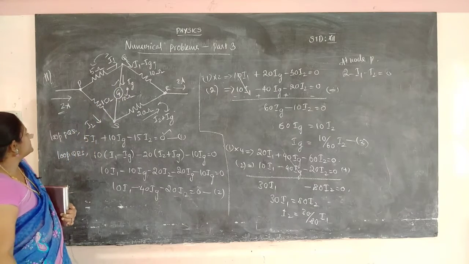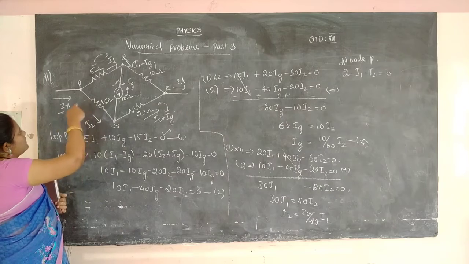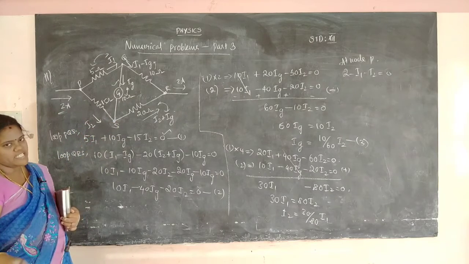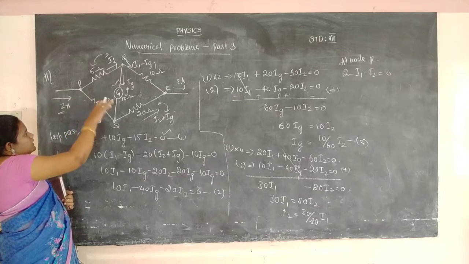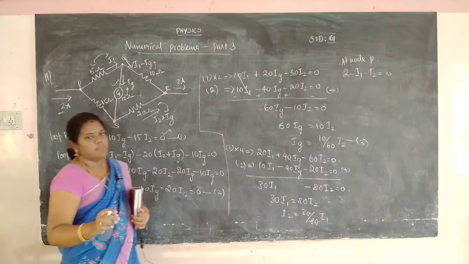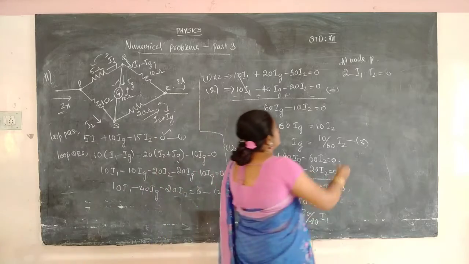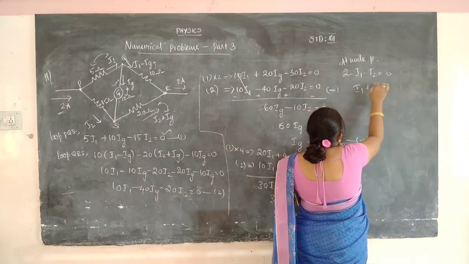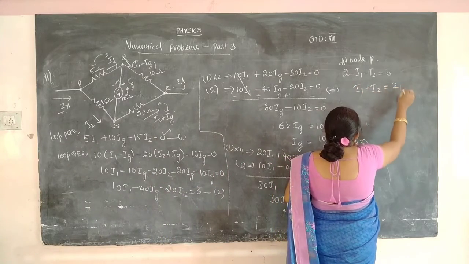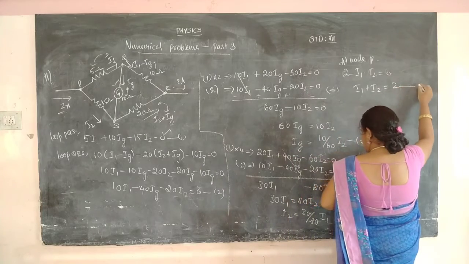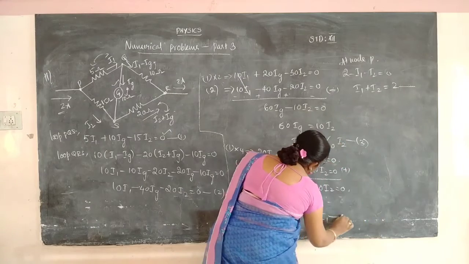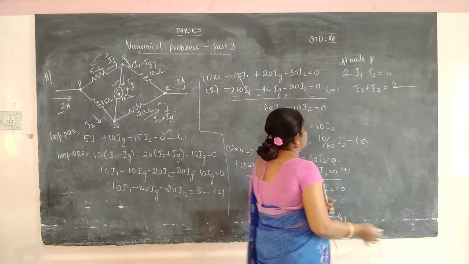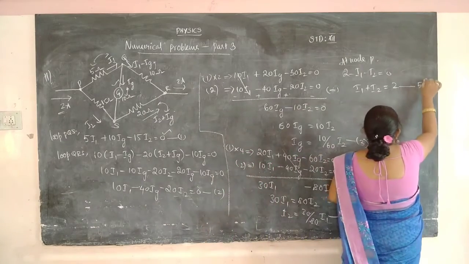Applying Kirchhoff's first rule, 2 minus I1 minus I2 is equal to 0. So I1 plus I2 is equal to 2. This is the fourth equation, and we consider this equation the fifth equation.